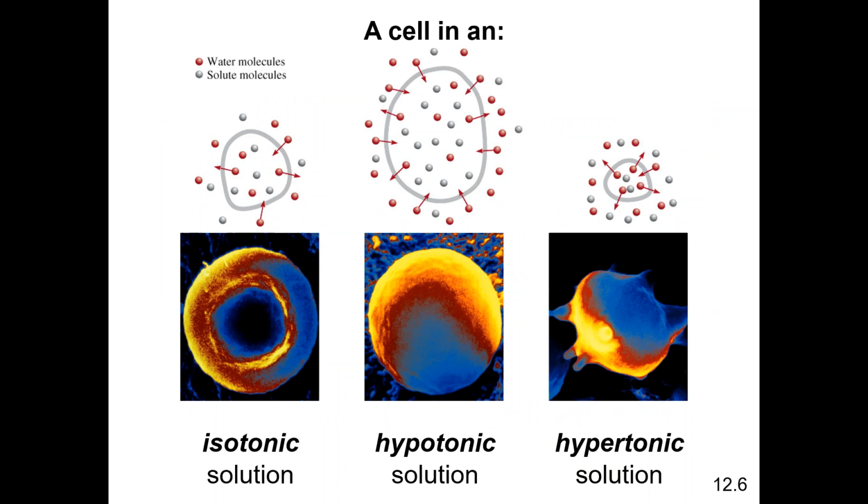All right, now the whole process of osmosis is very important, especially when it comes to biological systems. For example, when a patient goes into a hospital and needs to be infused with electrolytes, the concentration of the electrolytes has to be carefully designed. Let's talk about these different terms.